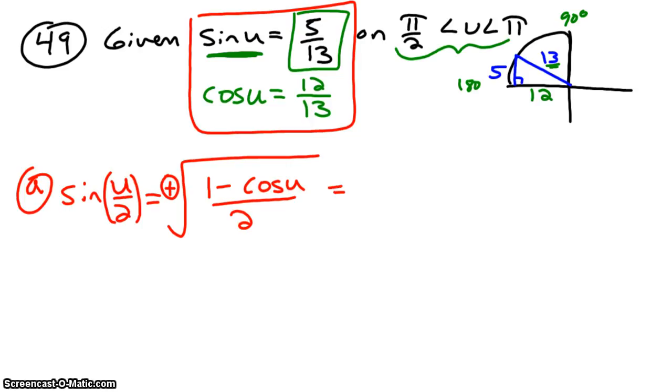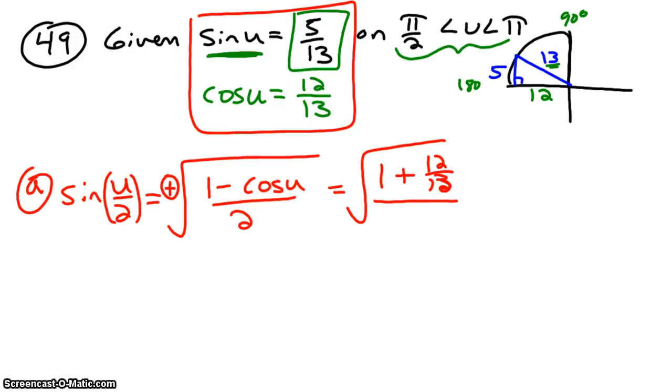So what does that give me? It really gives me a 1 plus, because in this case my cosine u would be a negative 12/13.